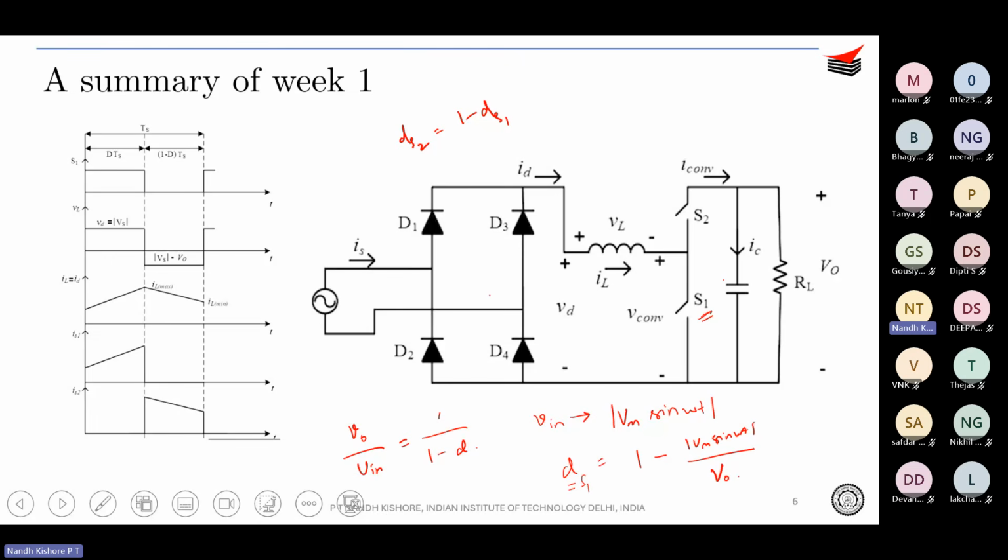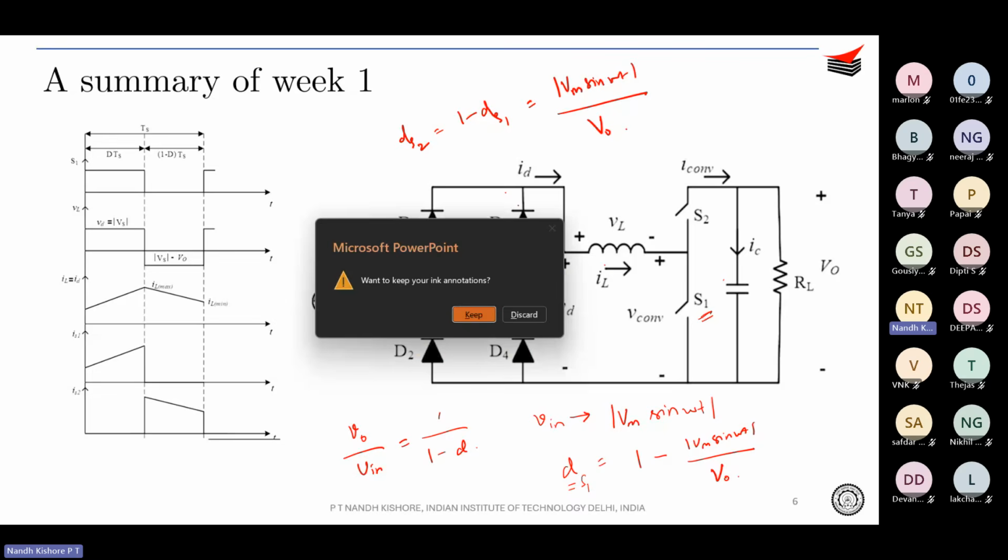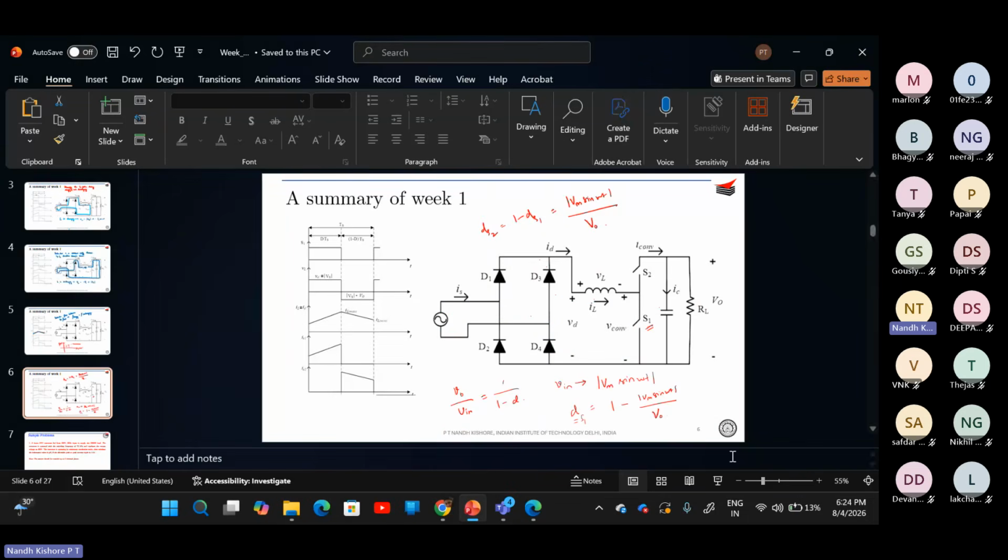So DS2 is going to be simply Vm sine omega t divided by V naught. Any doubts so far? This is all just a recap of what you would have already studied. If you have any doubts, you can let me know now or we will go ahead to the problems.